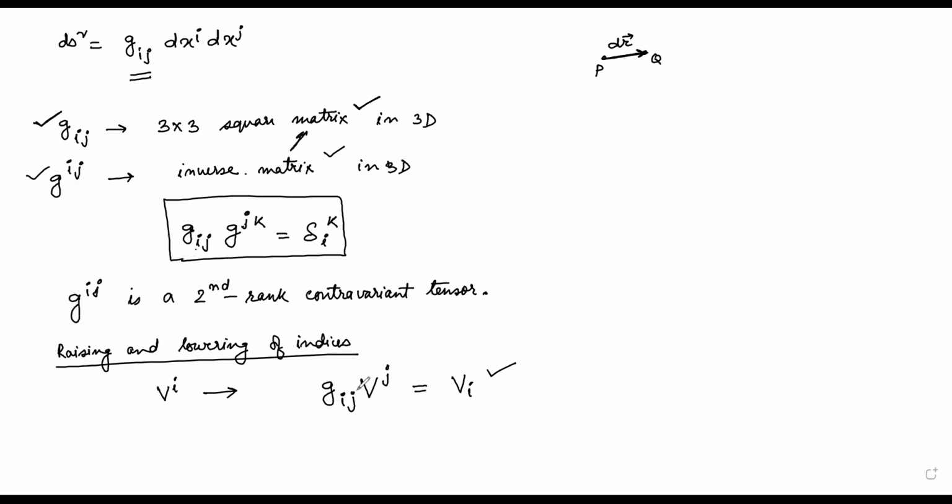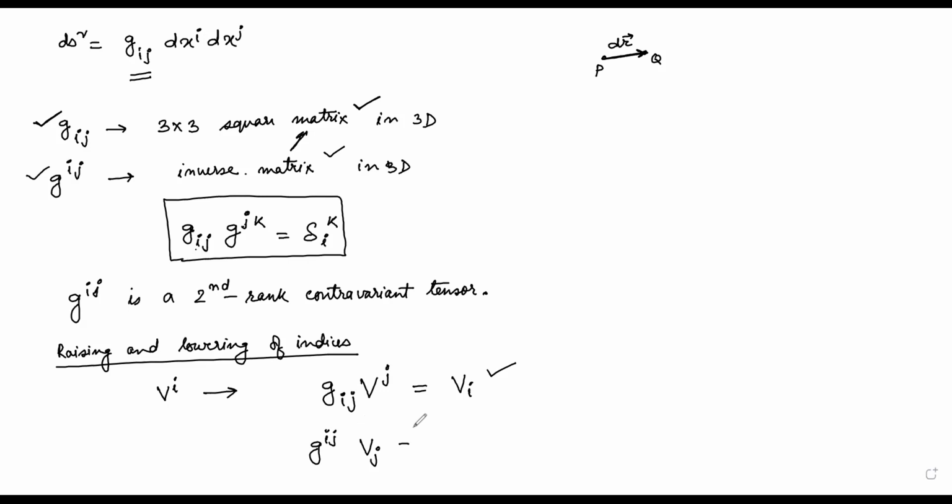Similarly, we can also raise the indices by using the contravariant metric tensor. So suppose I have V_j, and I multiply it by G^ij. This is the contravariant metric tensor.